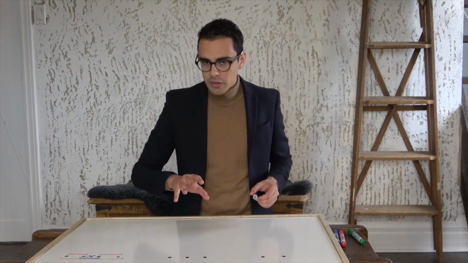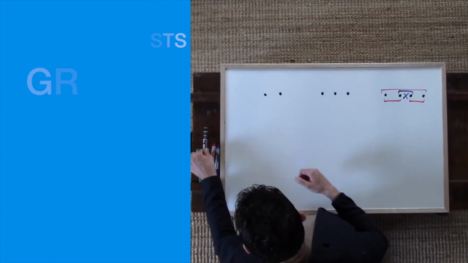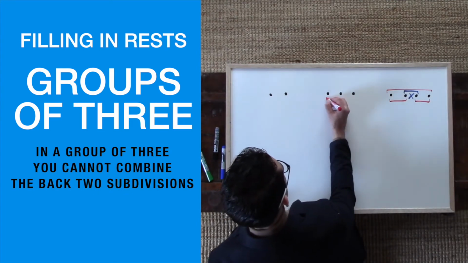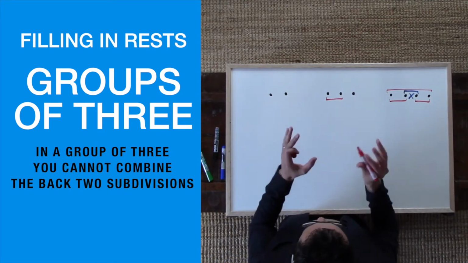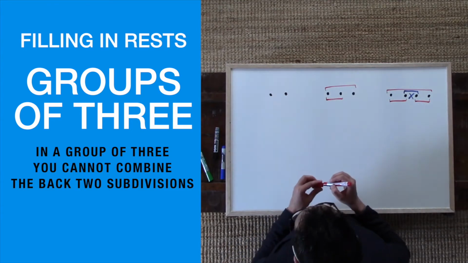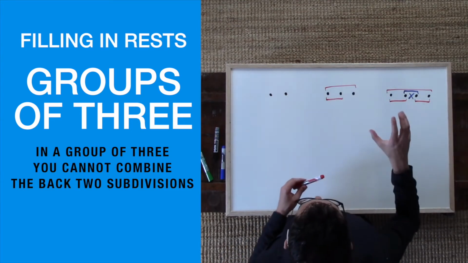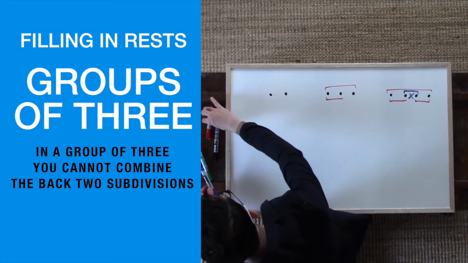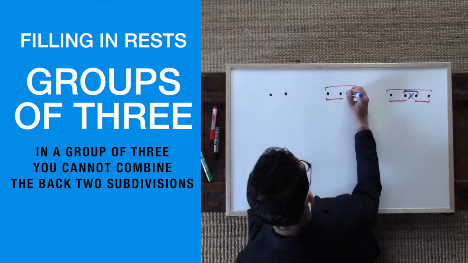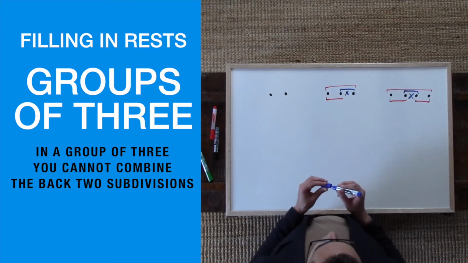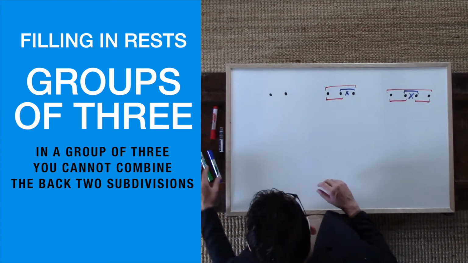Now let's think about groups of 3 things. Doesn't matter, 3 subdivisions or 3 groups within a meter. Here's the rules. You can attach the front 2 pulses into one rest. You can attach the entire bar or the entire group of 3 things into one rest, but you cannot attach the back 2 in a group of 3 things.